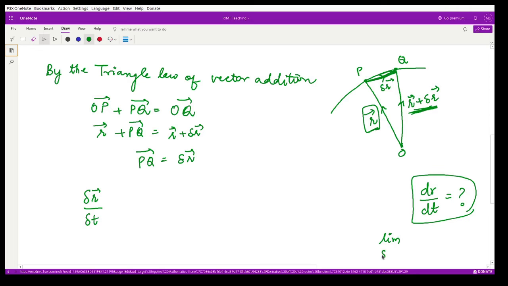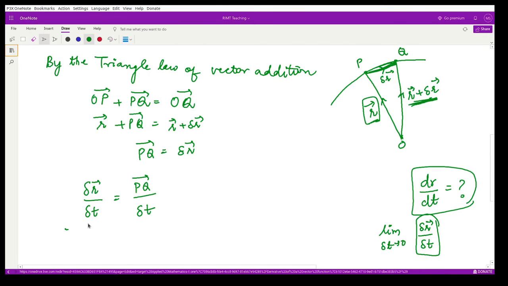This is limit delta t going to 0 of delta r vector divided by delta t, so we are looking for this particular quantity. And what is this quantity? This is the vector PQ divided by delta t. Now as delta t goes to 0, when you take the time between these two positions as approaching 0, you will observe that this point Q is coming closer and closer to the point P.